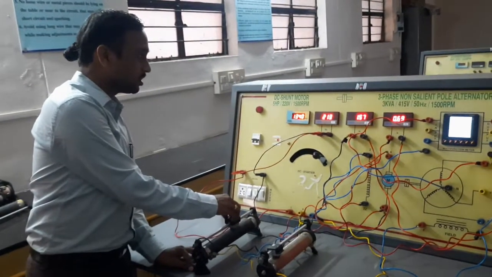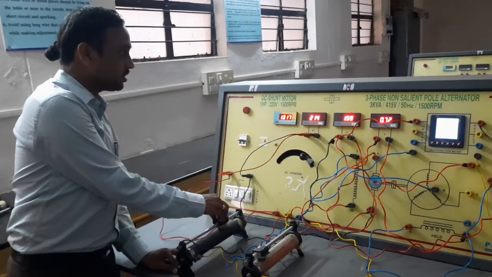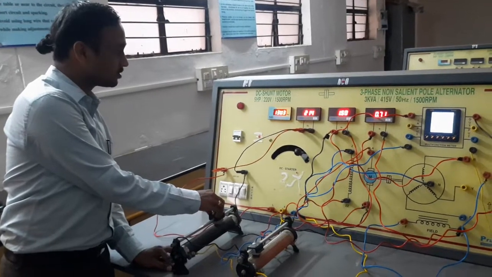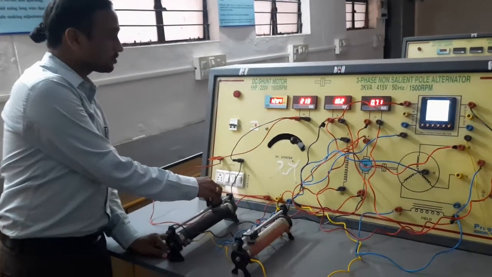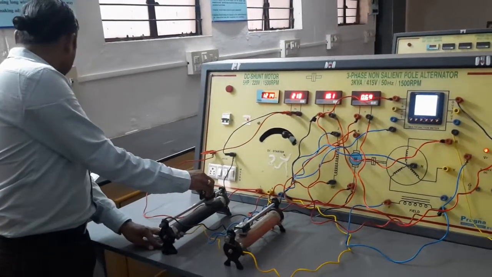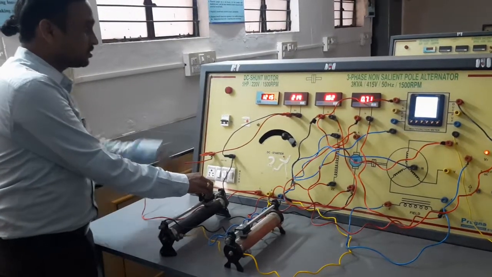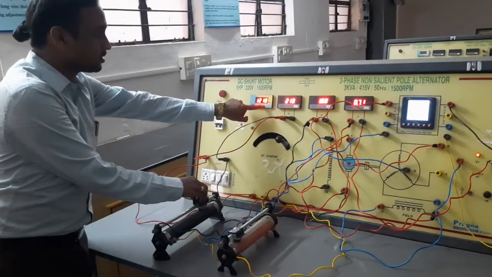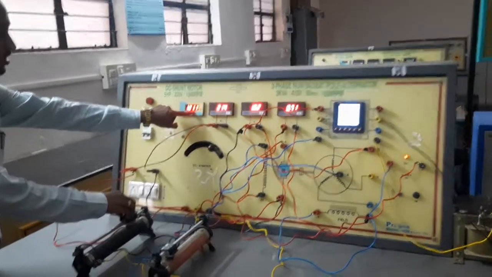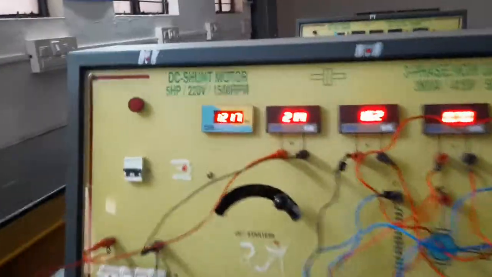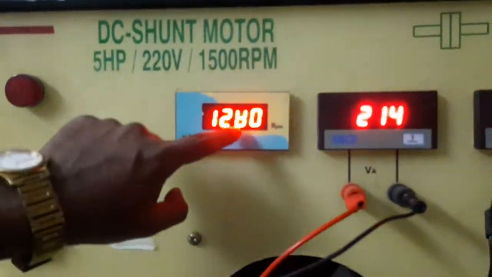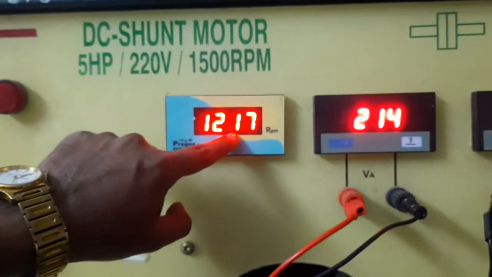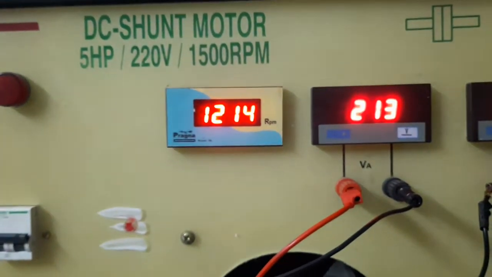Again I will reduce the voltage level, and the frequency comes down. So 1275. This is 7, not 1. 1275 rpm.